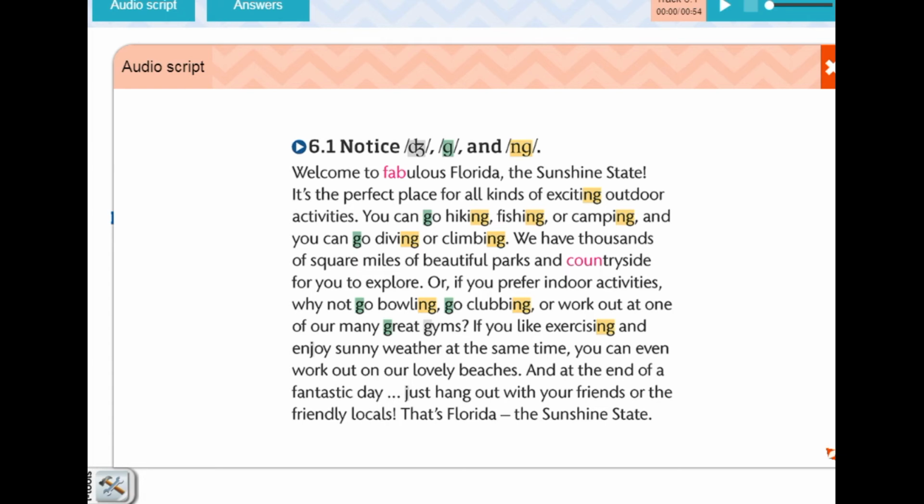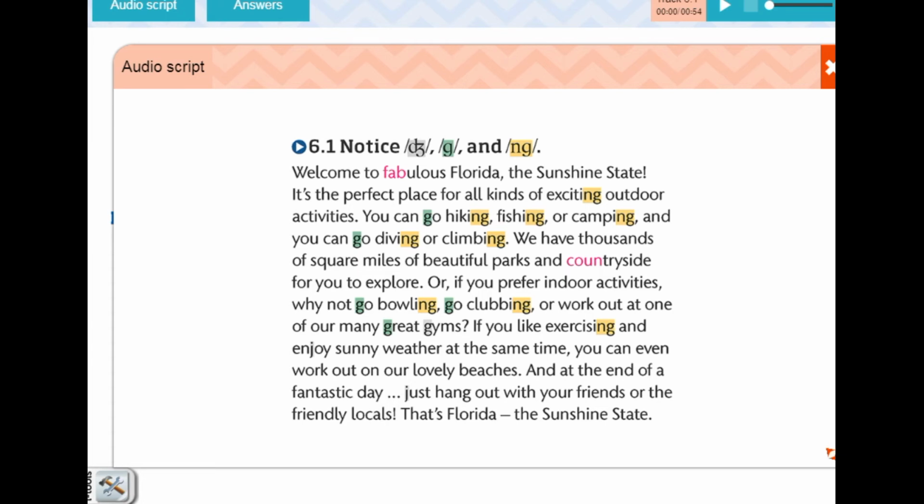And here in the script, let's pay attention which are the adjectives that you can find here. The first one I can see is fabulous. And then we have sunshine state. The state is the noun, and sunshine is the quality, the adjective, right? Another adjective here is perfect. Next, exciting.